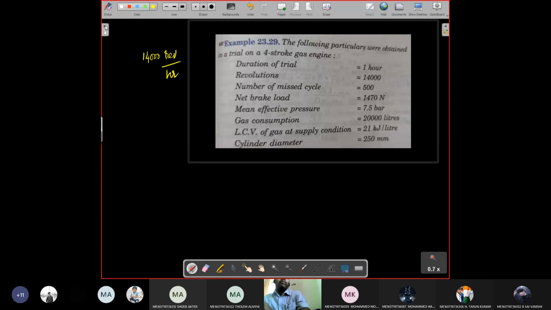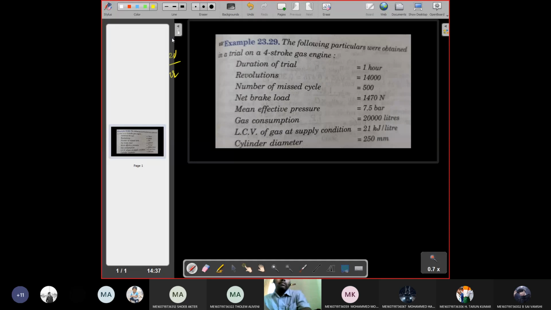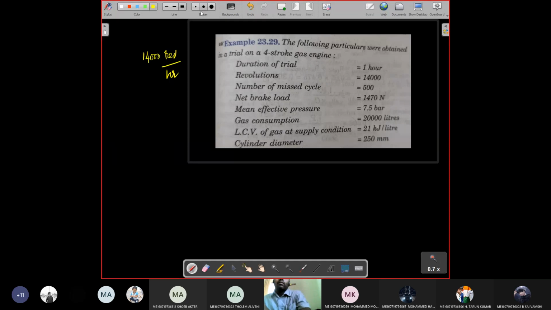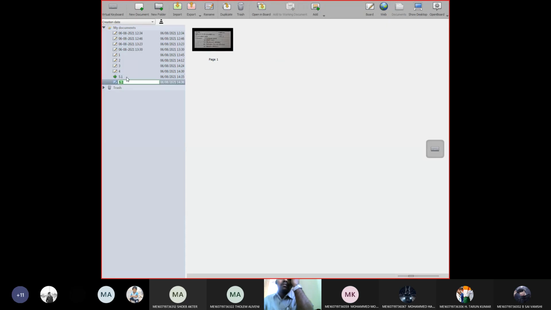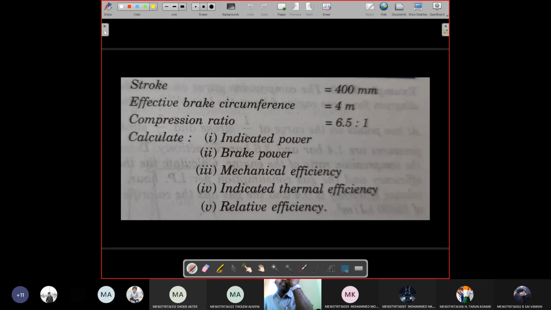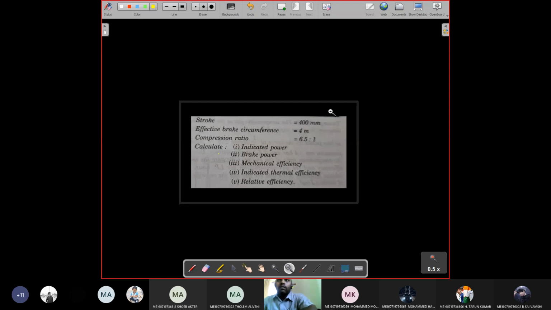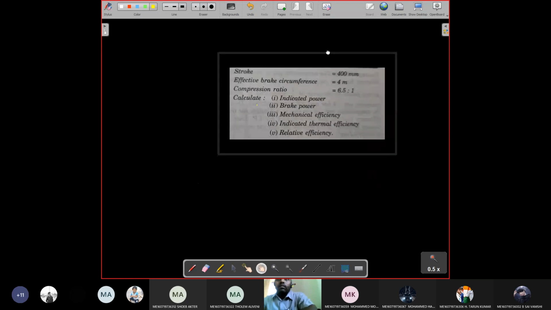Let me open one more page. Effective brake circumference is given, then calculate. I will write the remaining data.